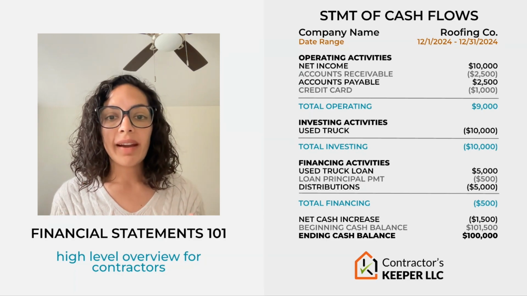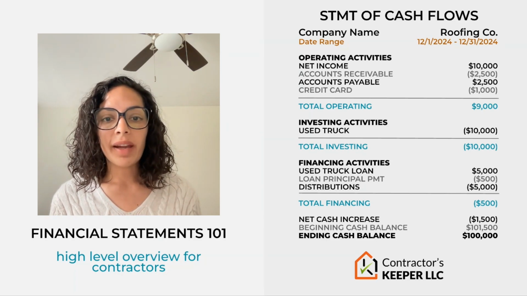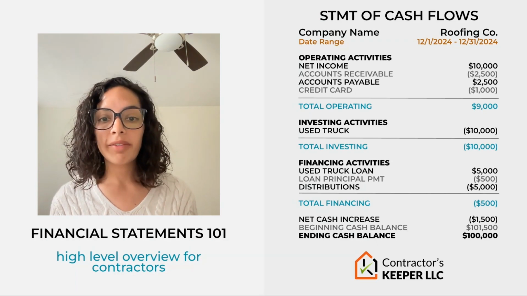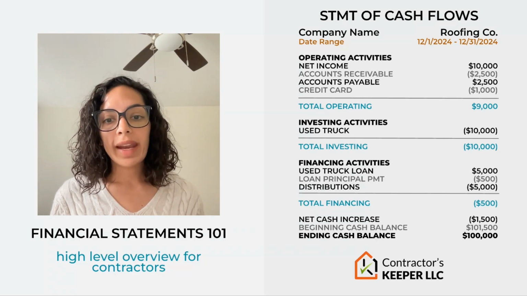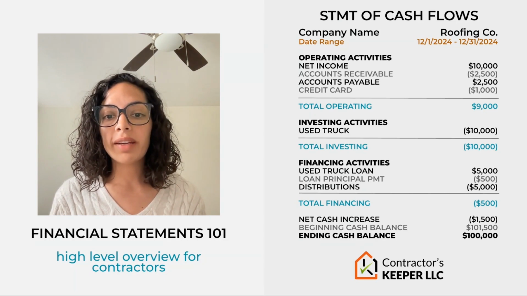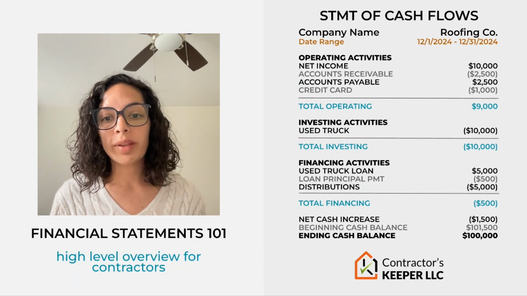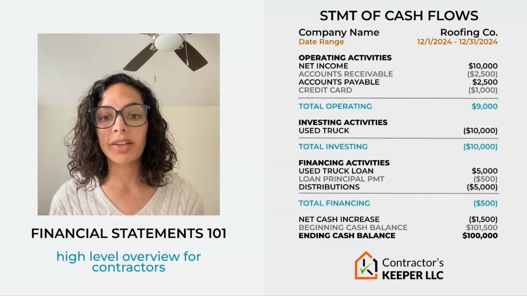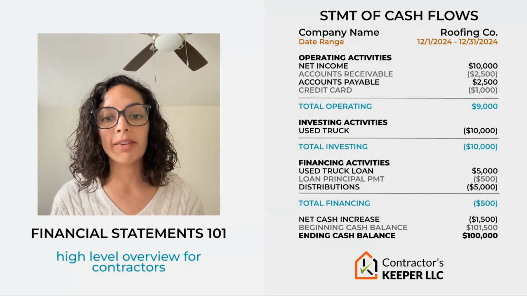So we had $9,000 from operating, negative $10,000 from investing, and negative $500 from financing. Those total negative $1,500. So it shows us what our cash balance was at the beginning of this period, which was $101,500. With that net cash decrease of $1,500, then we have an ending cash balance of $100,000.